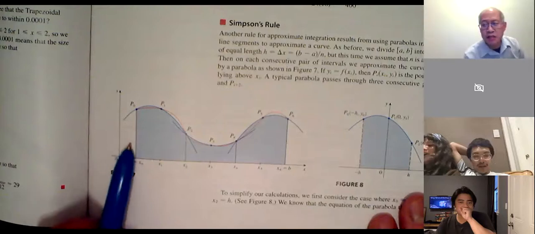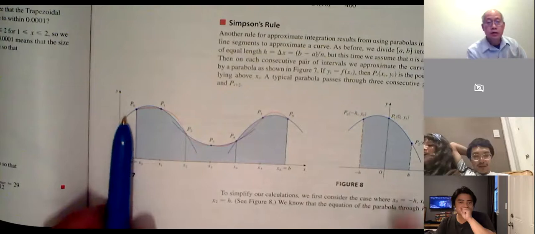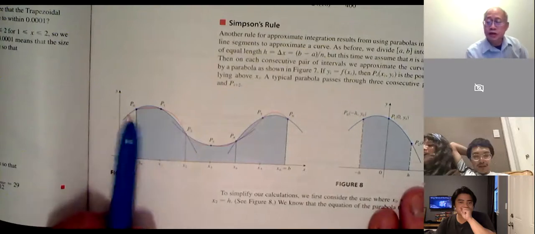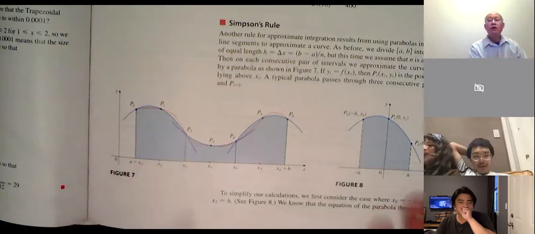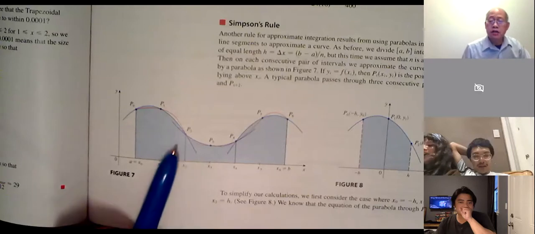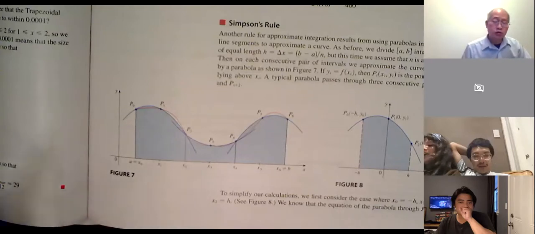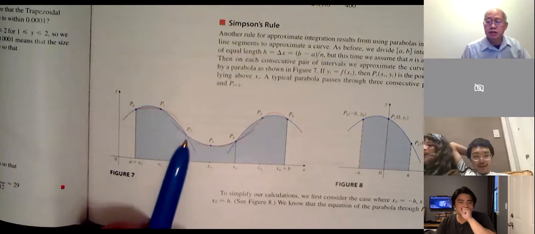So what's happening in Simpson's rule, in case you're wondering, do you have to write anything down? No. You're replacing the curve with another curve, a parabola. What does a parabola look like? Well, since it's second degree, it's of the form ax squared plus bx plus c, and we know how to integrate ax squared plus bx plus c. x squared becomes x cubed over 3, x becomes x squared over 2, c becomes cx, and so on.